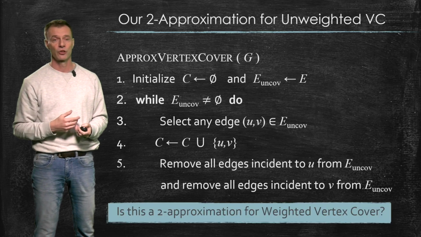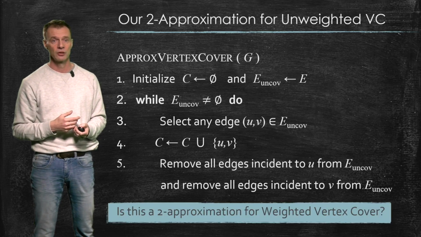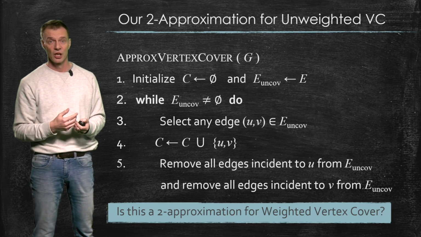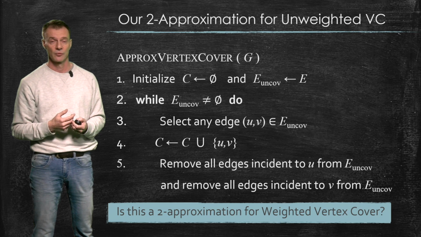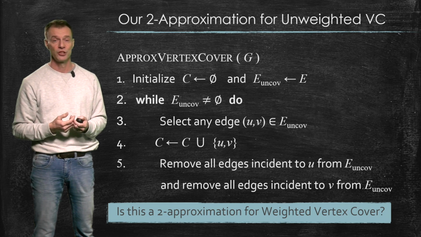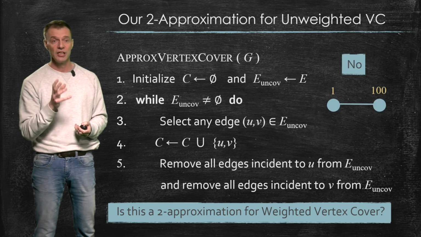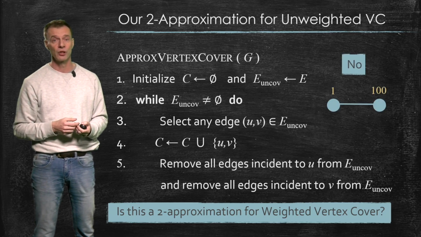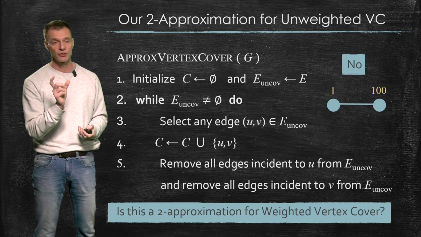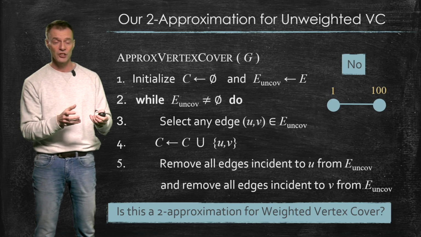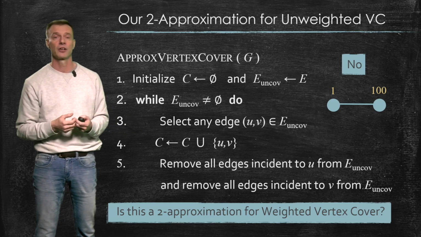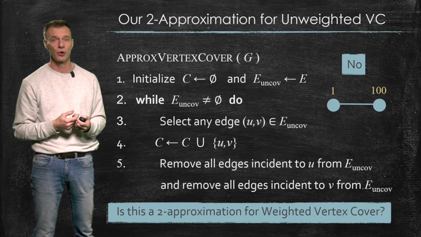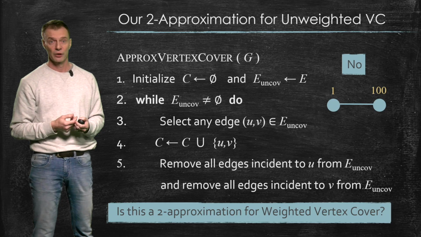For unweighted vertex cover, it was a two approximation. And now the question is, would this also be a two approximation for the weighted version? Well, it's pretty easy to see that this is not the case. Even on a very simple example, a graph consisting of just a single edge, if the weight of one vertex is much higher than the weight of the other, like in this example, then what will our algorithm do?